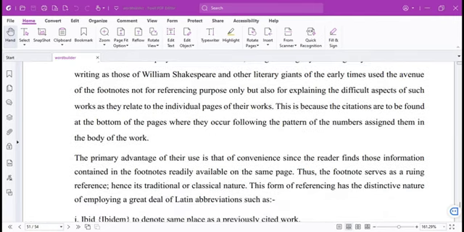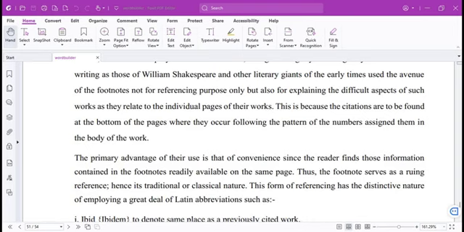The primary advantage of their use is that of convenience, since the reader finds the information contained in the footnote readily available on the same page. You just look down, get the information you need, and then carry on with reading the work. Thus, the footnote serves as a real reference, hence its traditional or classic nature.